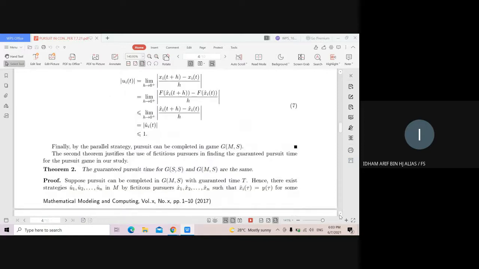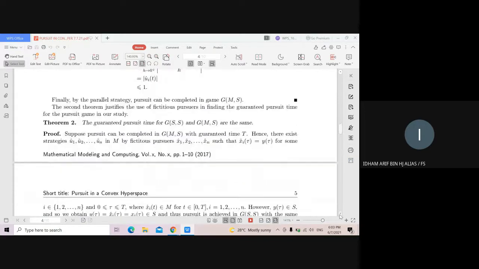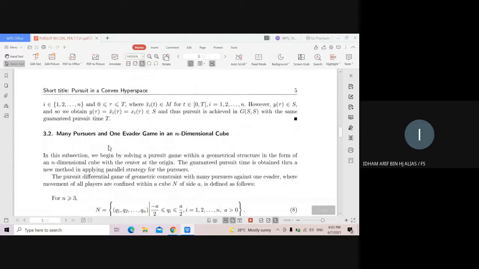And after these two results are proven, we continue to the second part, where we study the pursuit diffusion game in an n-dimensional cube. So this is a hypercube.